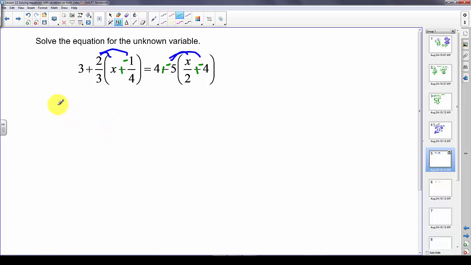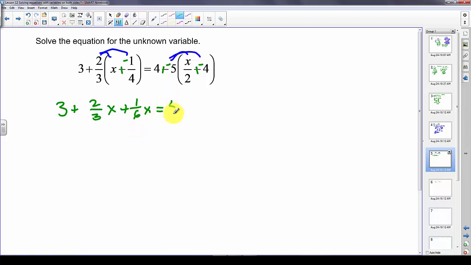And then I have 3 plus 2/3 times x is 2/3 x. 2/3 times 1/4 is going to be 2/12, but I can reduce that because 2 and 4 reduce. So that's going to be a negative 1/6 x.